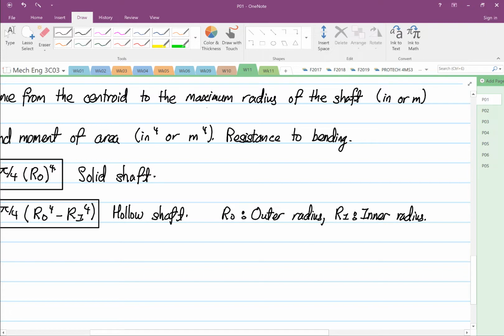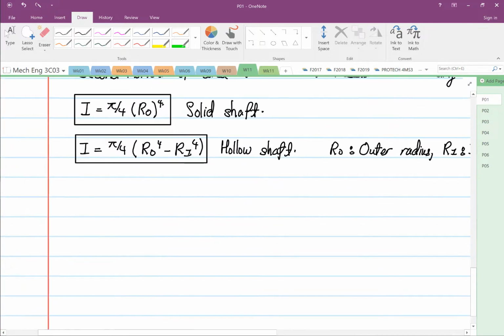Right, so we're going to start doing this. The first thing we're going to carry out is static analysis.